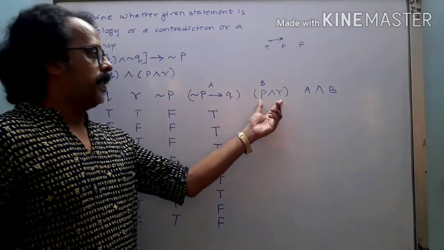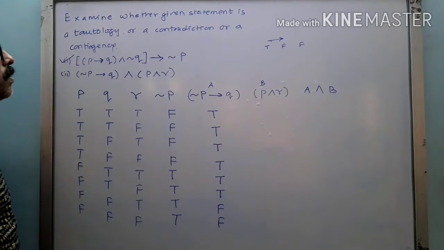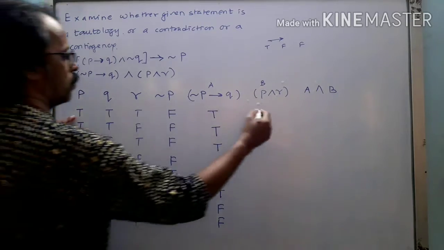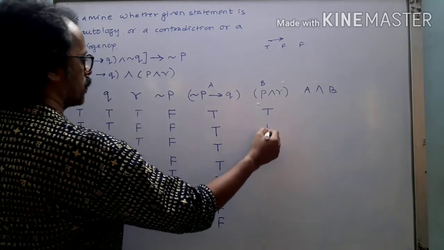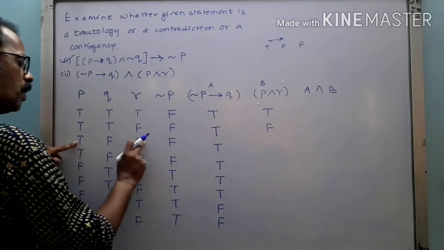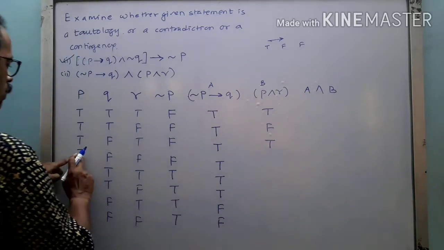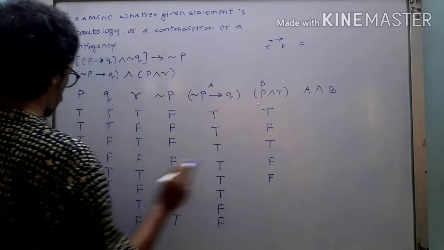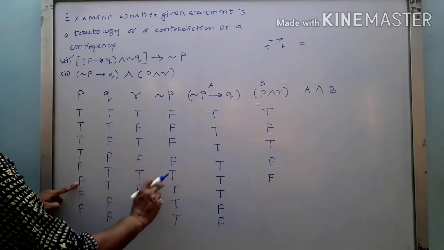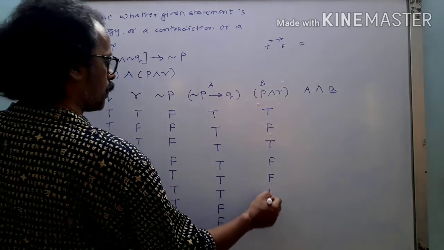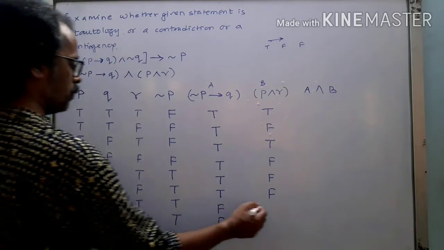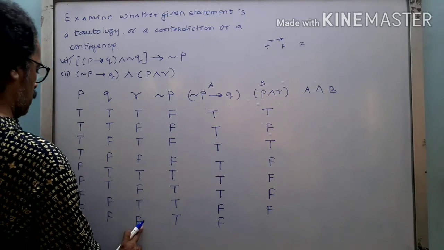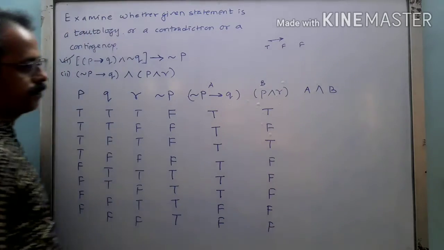Then P and R. Now what is the meaning of P and R? True and true is true, true and false is false, true and true is true, true and false is false, false and true is false, false and true is false, false and false is false, false and false is false.